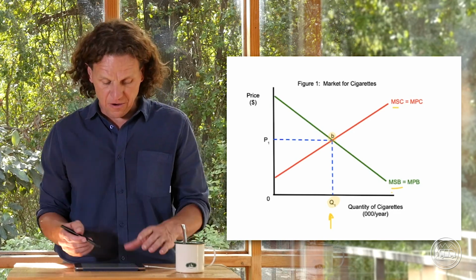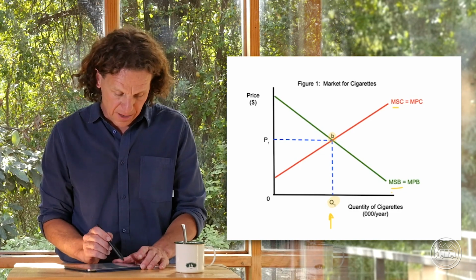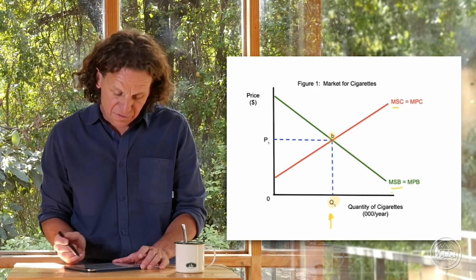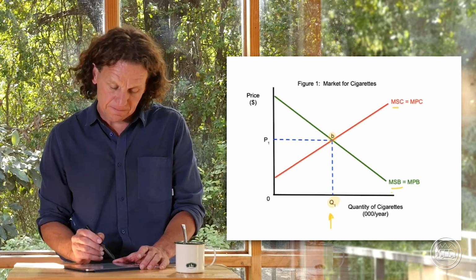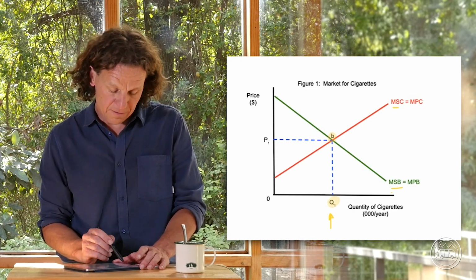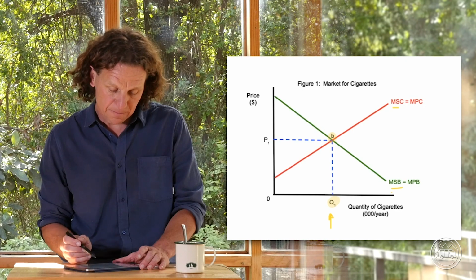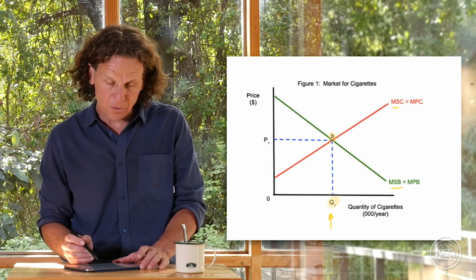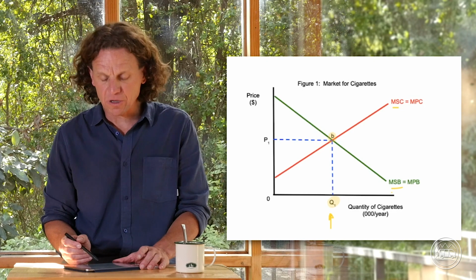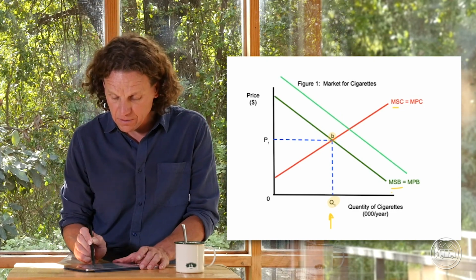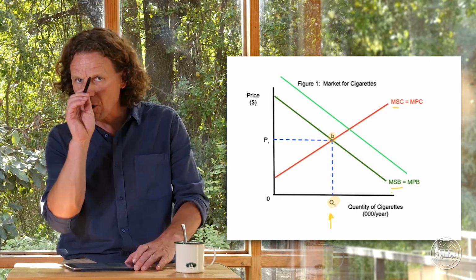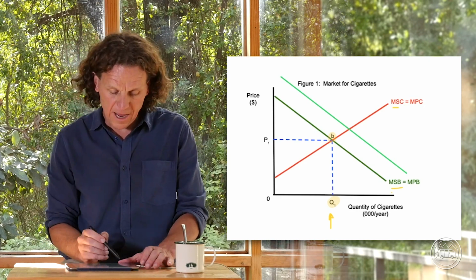So here's the scenario. I go and buy a pack of cigarettes. The cigarettes that I buy, I bring them home. I paid $5, which is P1, Q1. $5 would be representative of P1. And then I do what all smokers do. You come home and you fire up the cigarette. And the moment I fire up the cigarette, what happens?